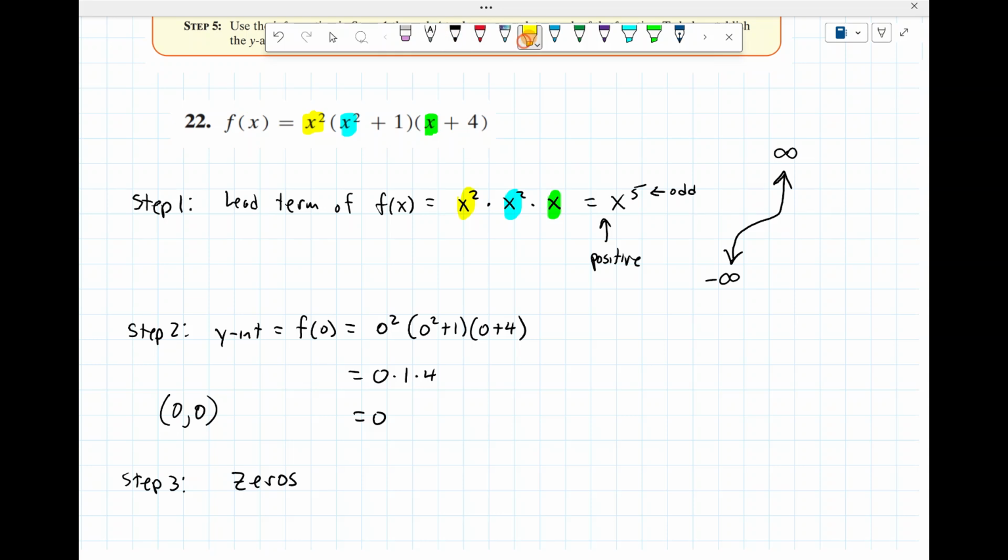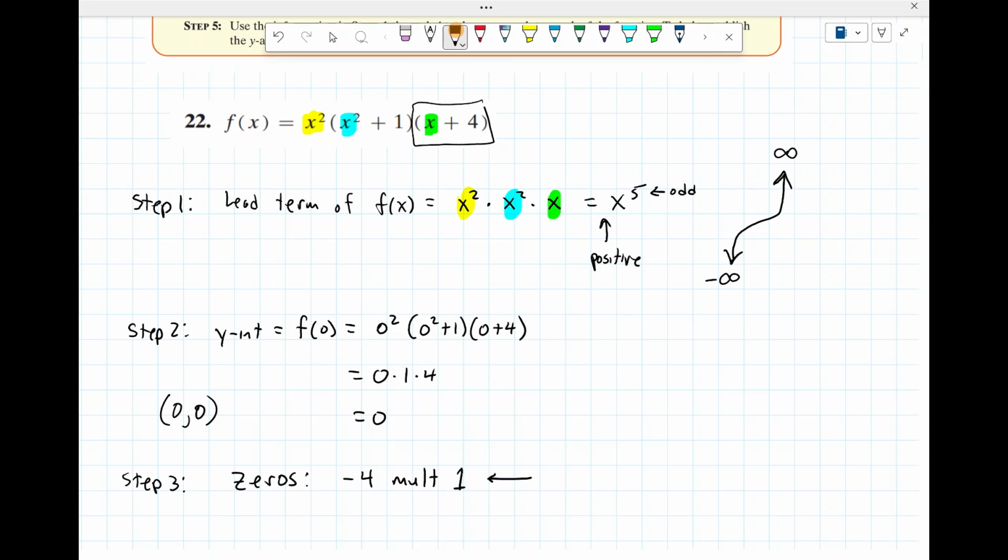The first two are not quite in a form that looks like this, where it's very easy to find the 0. In fact, let's just find that 0 first. That 0 is going to be negative 4, and it has a multiplicity of 1.